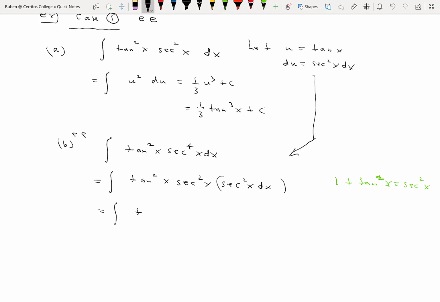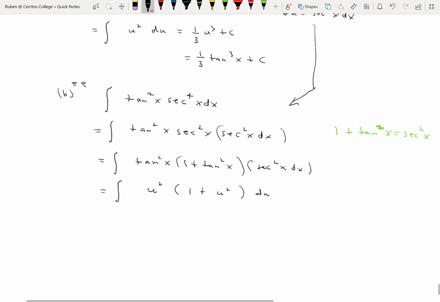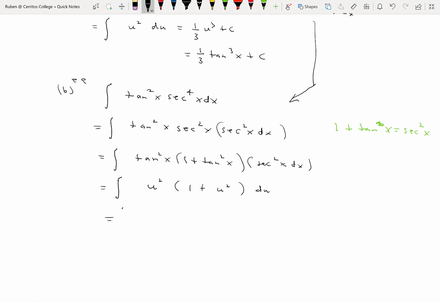So this becomes tangent squared, remember, we're letting u equal tangent ultimately, times 1 plus tangent squared times secant squared. Then we make this the full substitution. This is u squared, u is tangent, 1 plus u squared du.